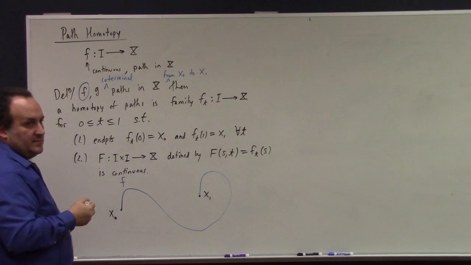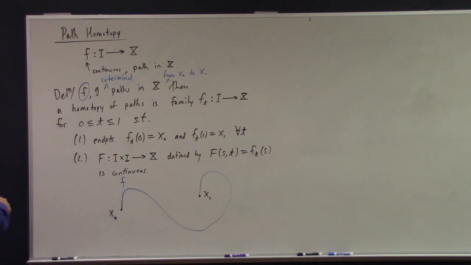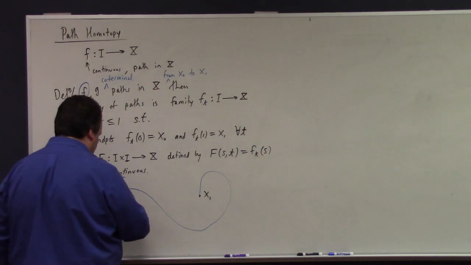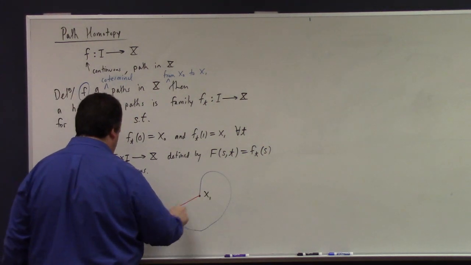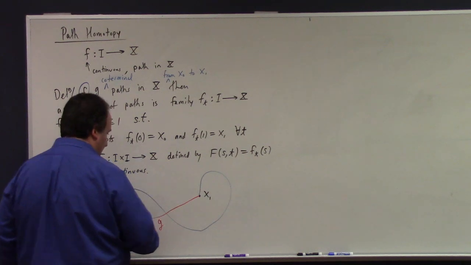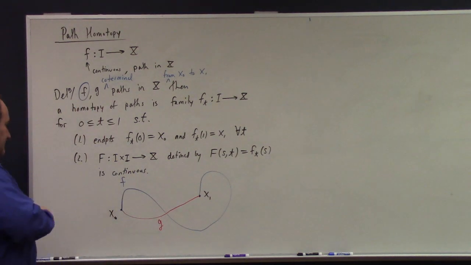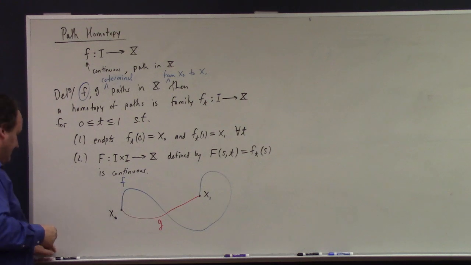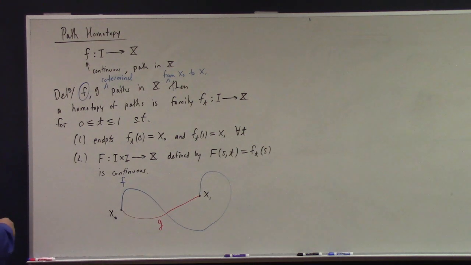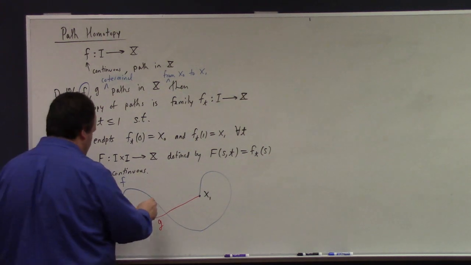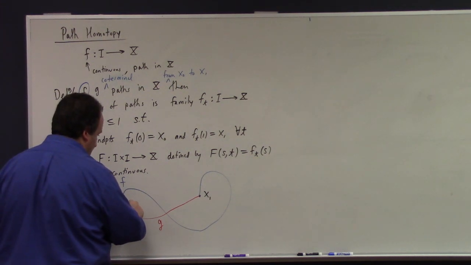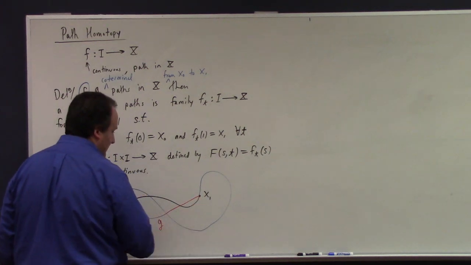Okay? So both paths start at x naught and go to x1. Whatever. There's your g, right? And then a typical f sub t in between these two, I don't know what it looks like. It could be this, whatever.